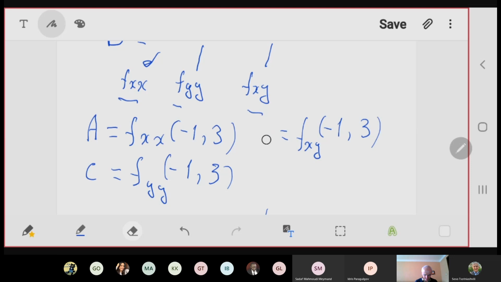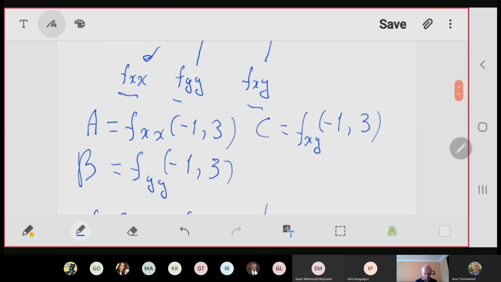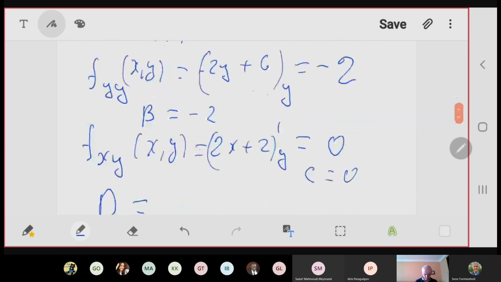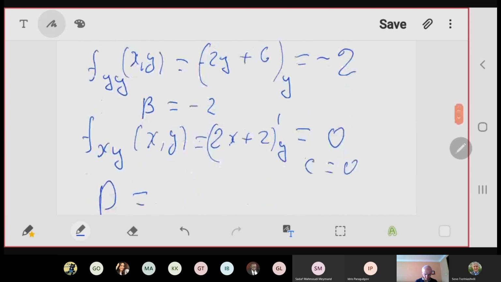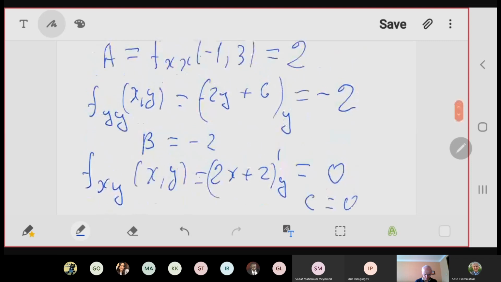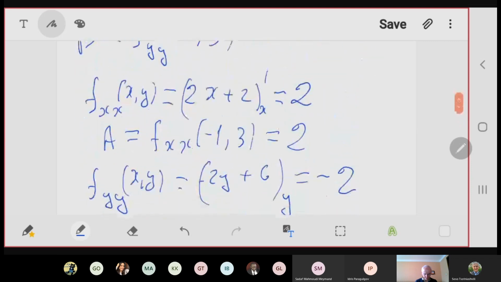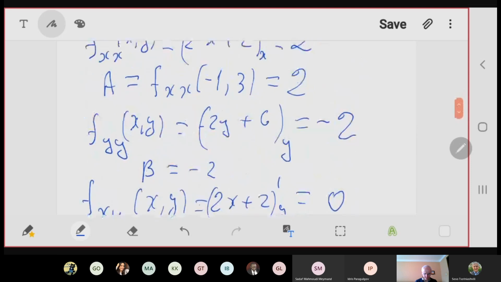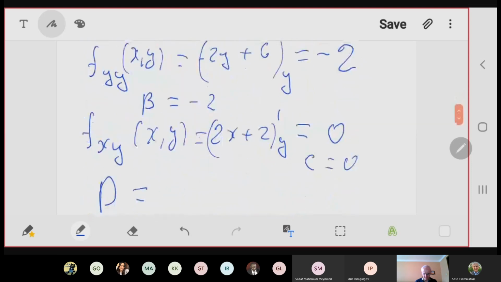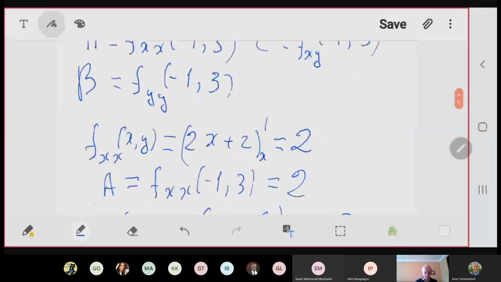So it's C. It's C and it's B. I think now it's correct. B is -2 and C is -2. Okay, here it is correct. I made just one mistake there.